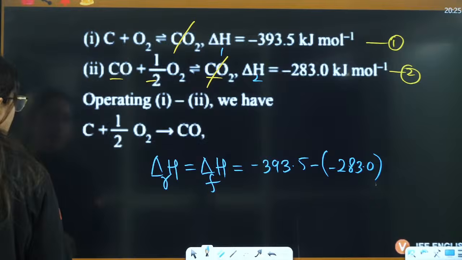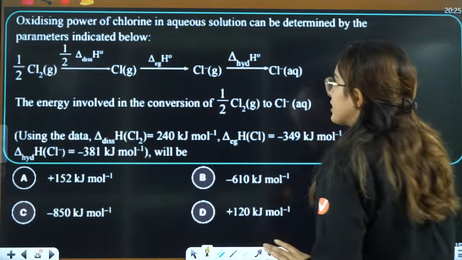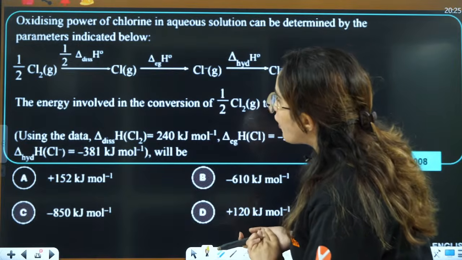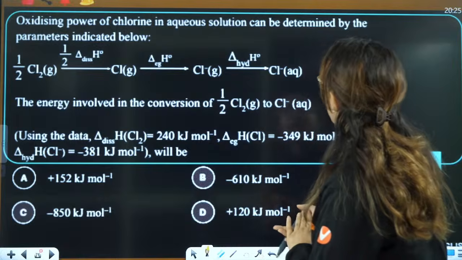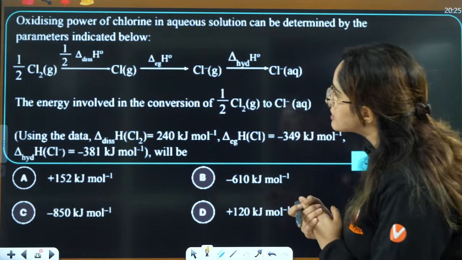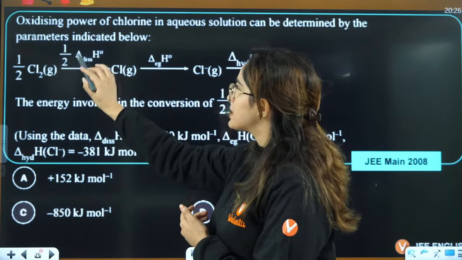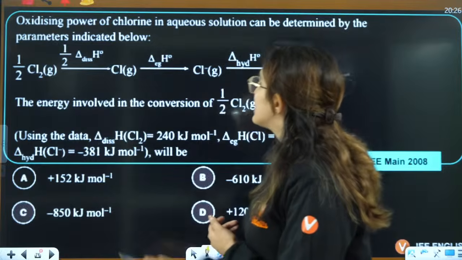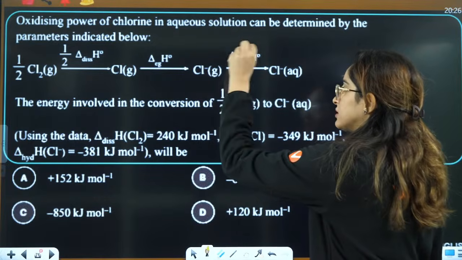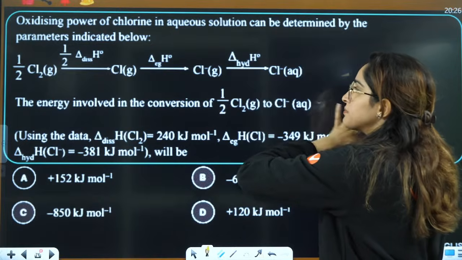Yes? So next, let's see the next question. The oxidizing power of chlorine in aqueous solution can be determined by the parameters indicated below. So this is one thing. First you will dissociate it into gaseous atoms, right? Then you will add one electron, then it will become Cl negative.